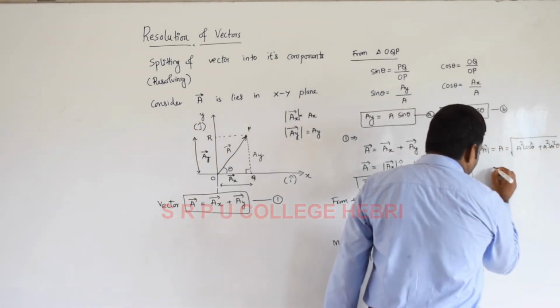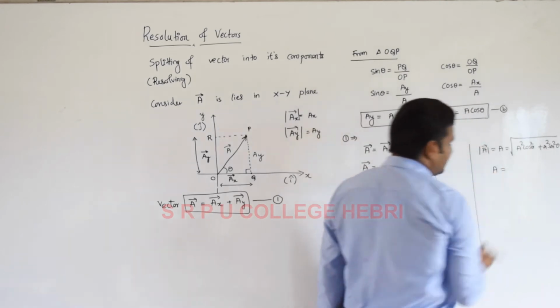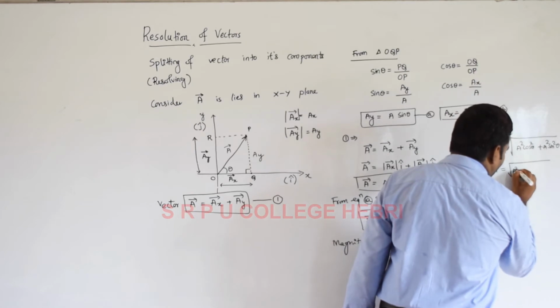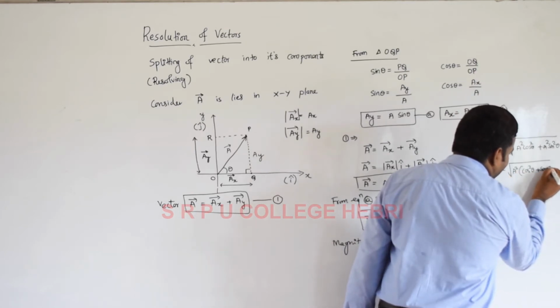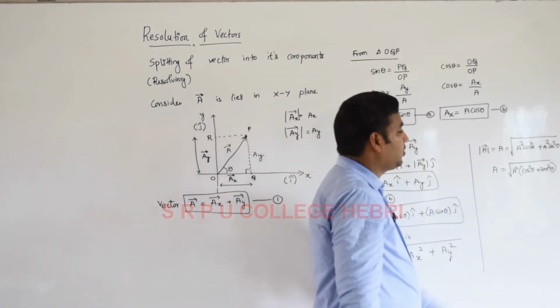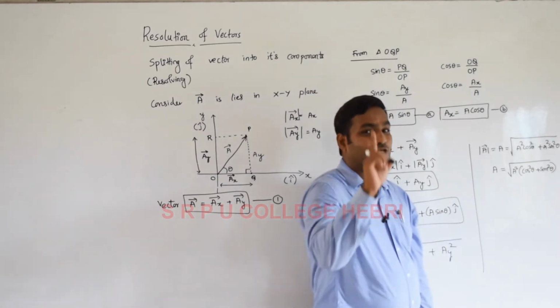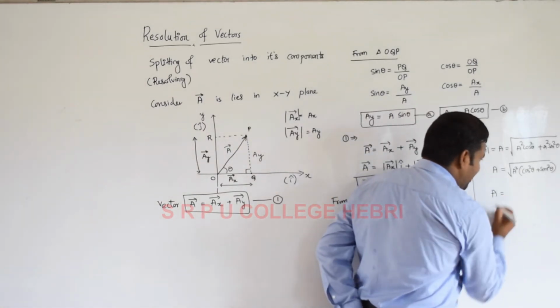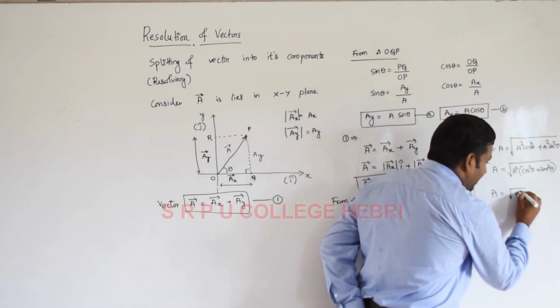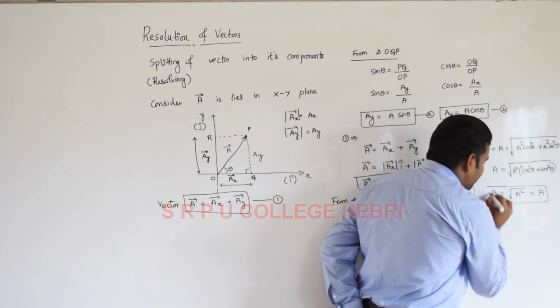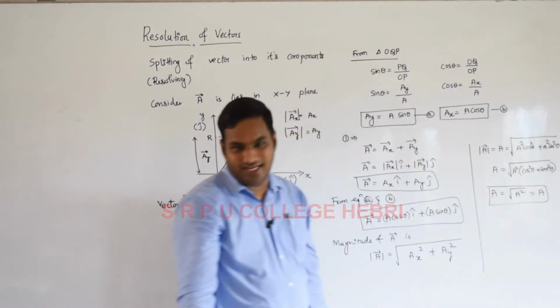Dear student, here the magnitude of vector A is nothing but A is equal to square root of A square, inside a bracket, cos square theta plus sin square theta. Dear student, you already learned cos square theta plus sin square theta is equal to 1. Automatically the magnitude of vector A is equal to square root of A square. It provides the answer A itself.